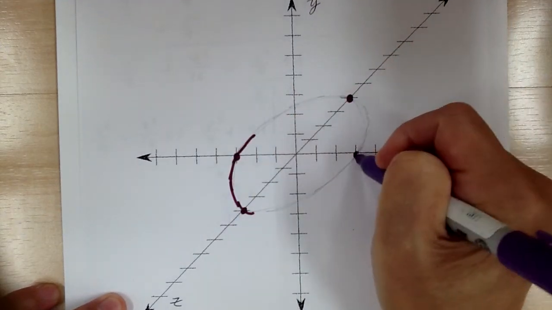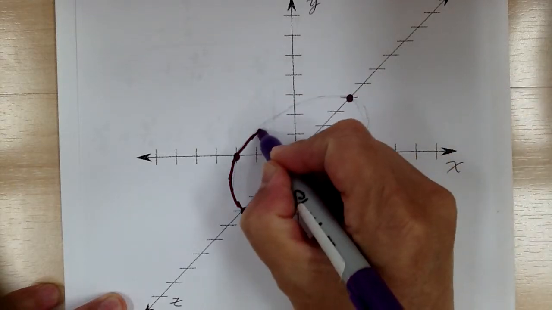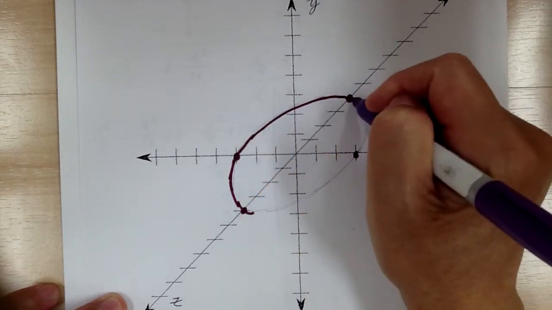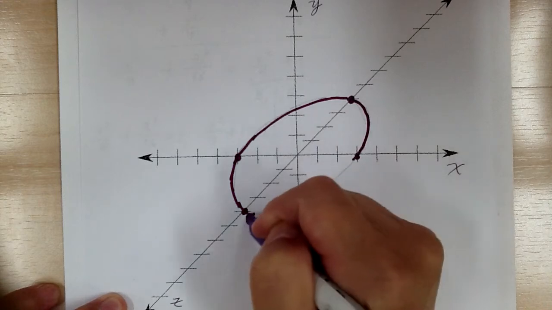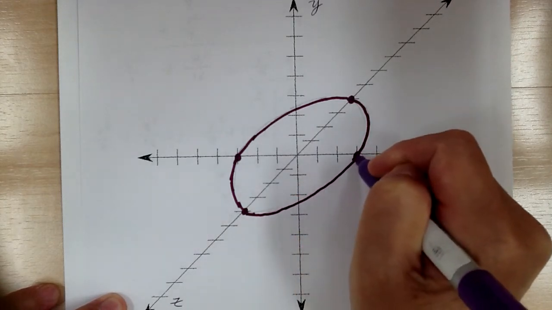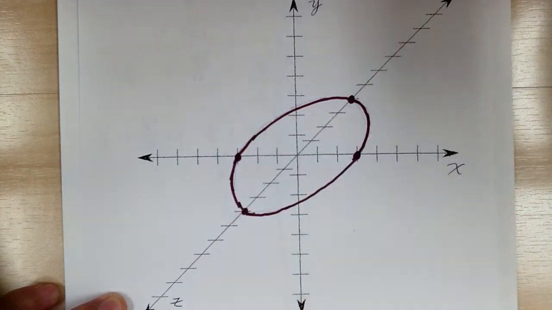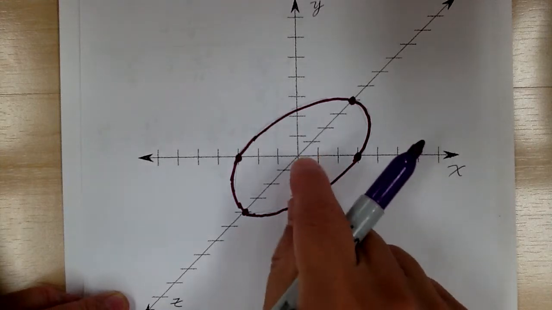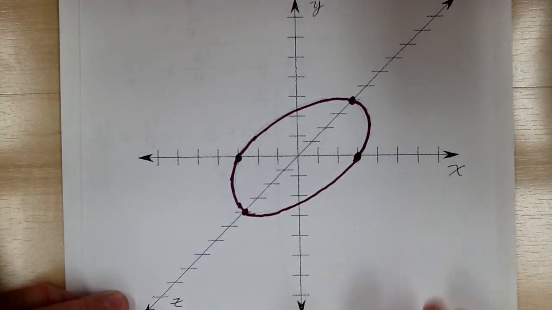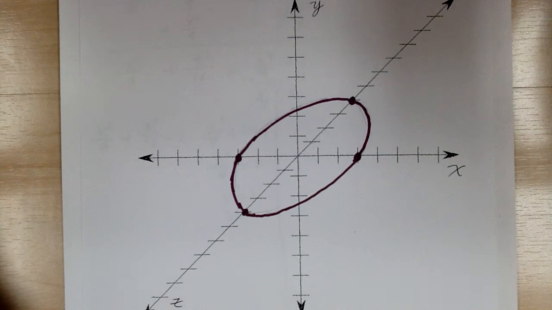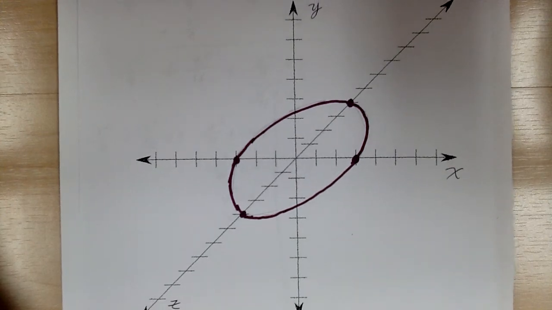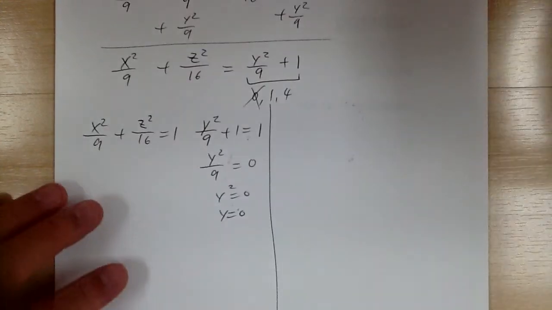I'm going to darken those points. So this is the middle, and now I'm going to do the top and the bottom. Okay, put this aside.